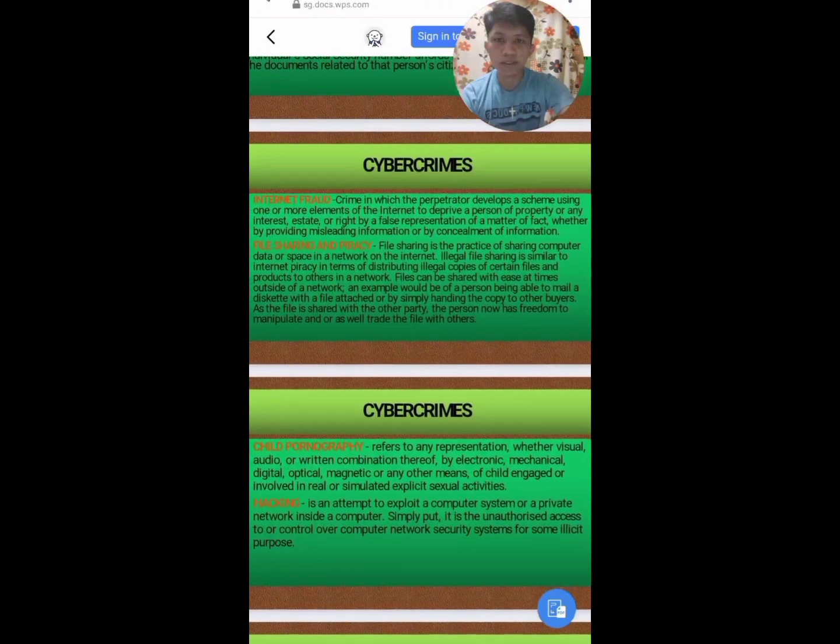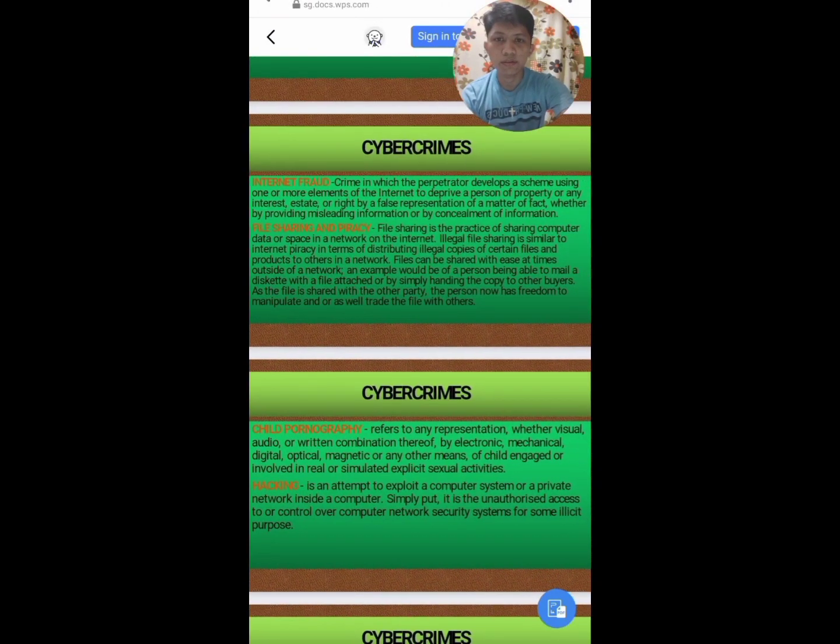Third is child pornography. It refers to any representation, whether visual, audio, or written, or a combination thereof, by electronic, mechanical, digital, optical, magnetic, or any other means, of a child engaged or involved in real or simulated explicit sexual activities.